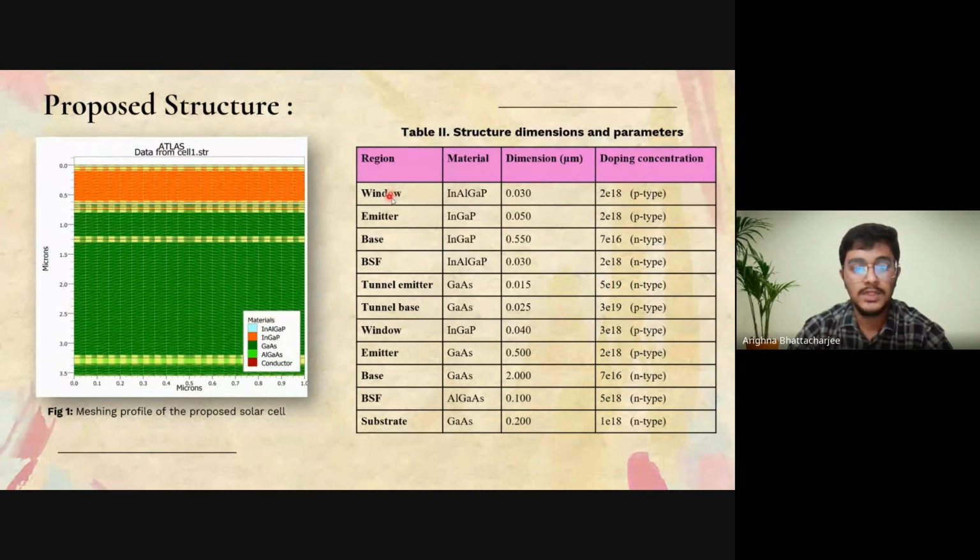We have used the window layer, then the emitter base and the BSF layer, then the tunnel emitter layer, then the tunnel base layer. Then again for the bottom cell, we have used the window layer, emitter layer, base layer, the BSF layer, and then the substrate. These are the dimensions and the materials used and the doping concentrations.